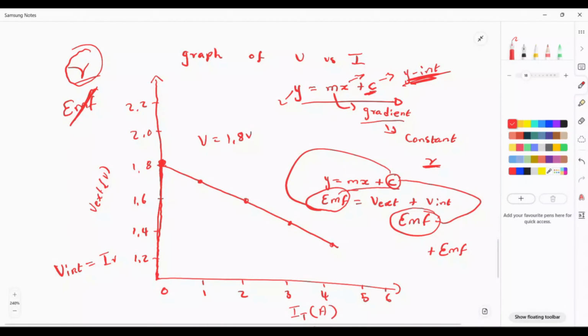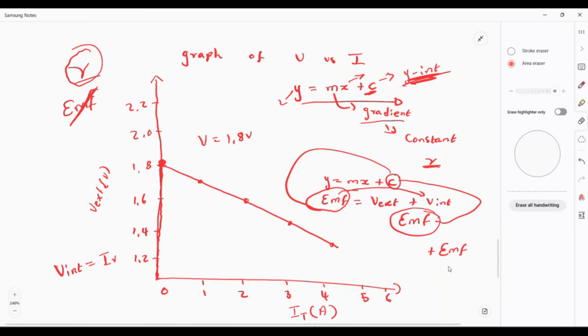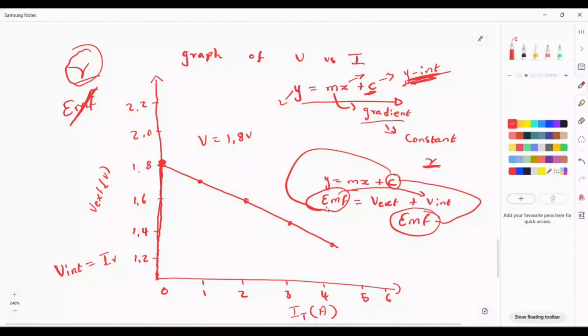When I transpose it to that side, it was supposed to be negative, so this is wrong. My EMF over here, when I take it to that other side, is going to be negative EMF over there. It's fine, like that.